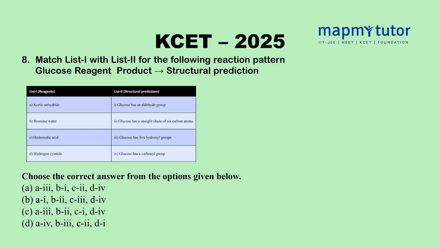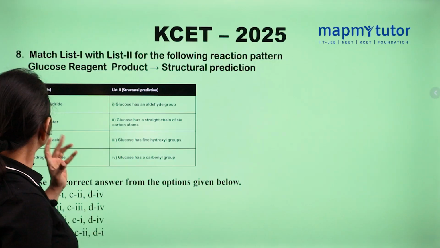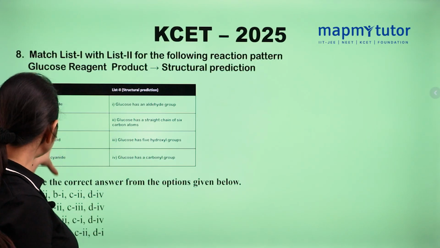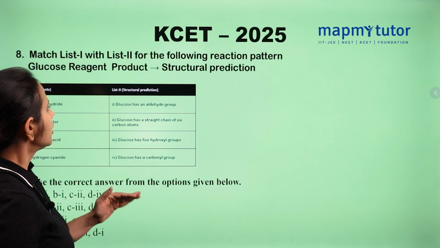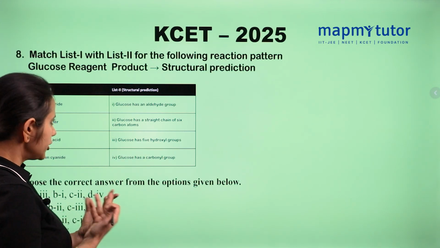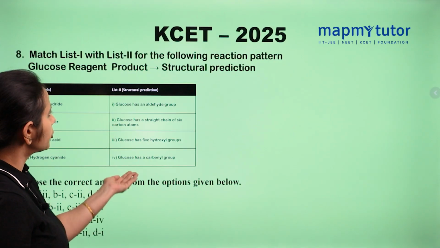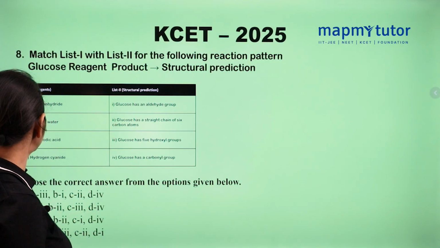Match list 1 and list 2 for the following reaction patterns: glucose with reagent, product, structural prediction. That is, when we react these reagents with glucose, which product we will get and how we can predict the structure.